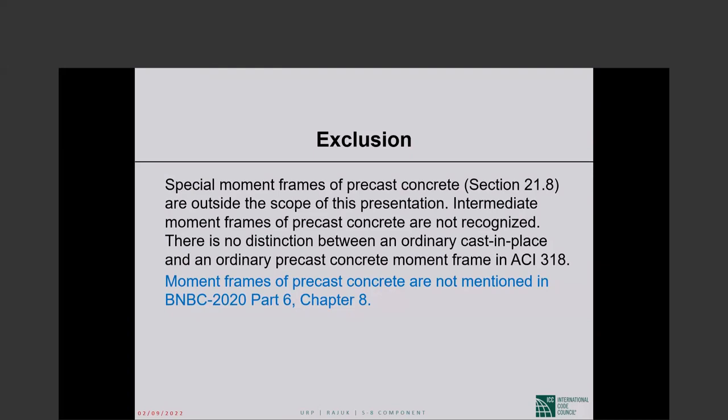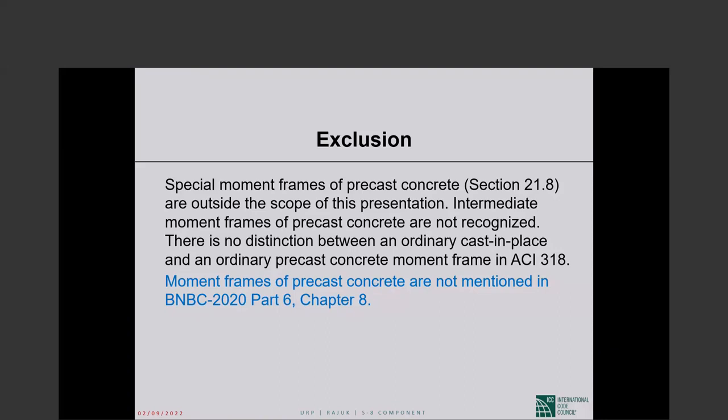Intermediate moment frames of precast concrete are not recognized by 318. It simply doesn't exist until now. So there is ordinary and there is special. There is no distinction between an ordinary cast-in-place and an ordinary precast concrete moment frame in ACI 318.